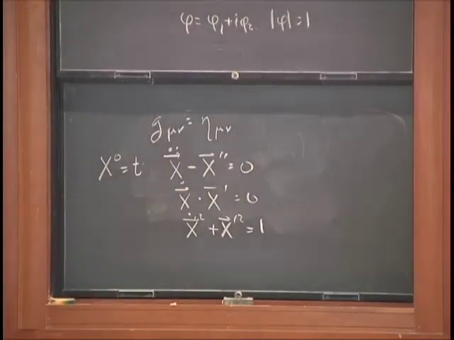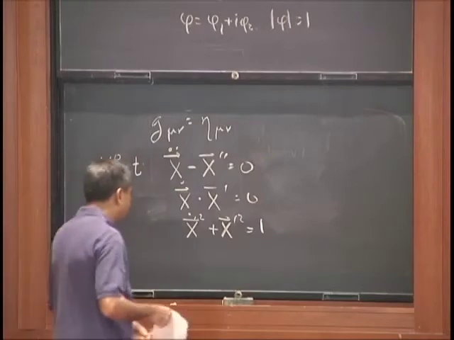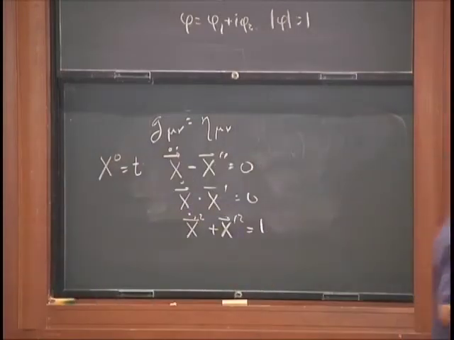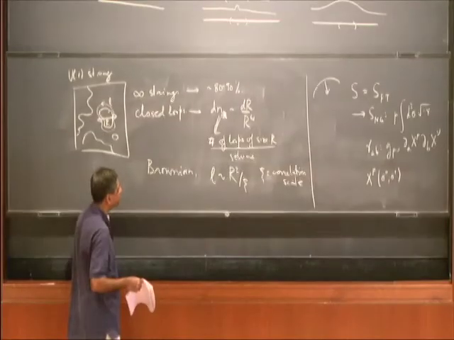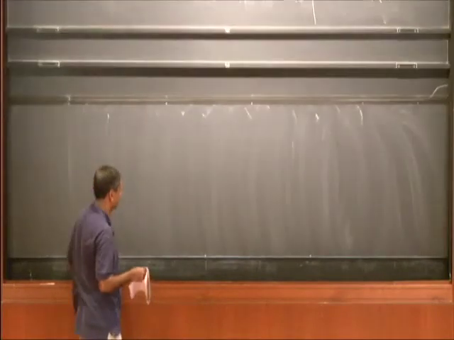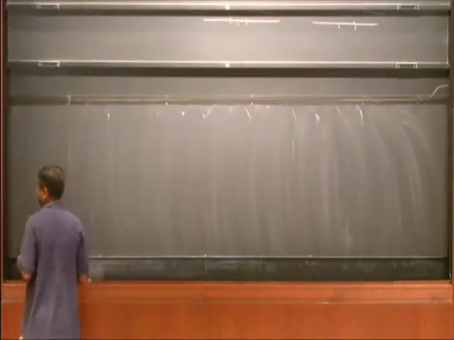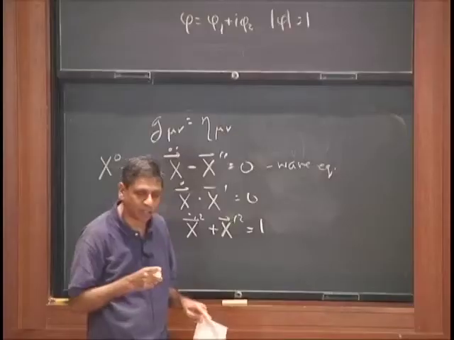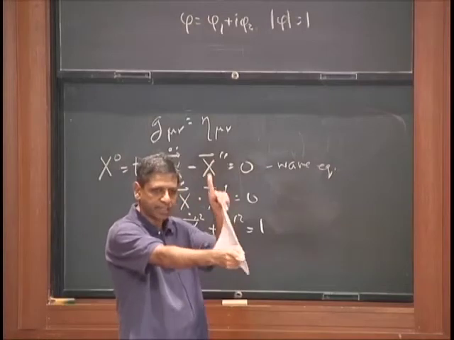And the nice thing is they can be solved, and they can be solved in a very intuitive way. That's quite pretty, so let me just describe that. First of all, this is just the wave equation. This tells you that the velocity is perpendicular to the string. The string is along x prime, and you're saying that x dot is perpendicular.